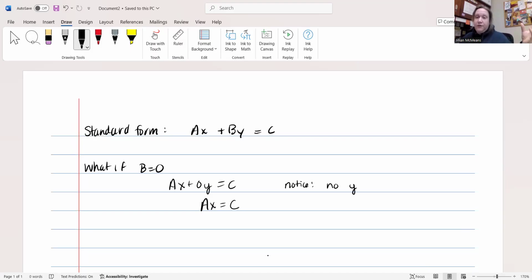It had a factor of 0, it sort of disappeared. Please understand it didn't just poof disappear. We're using the term disappeared very loosely. We're just saying the y got multiplied by 0, and it left us with ax equals c. So without a y, we can't touch the y-axis. But I do have an x, so I have to touch the x-axis.